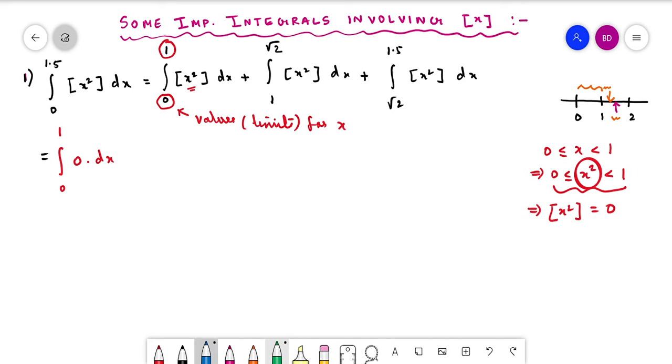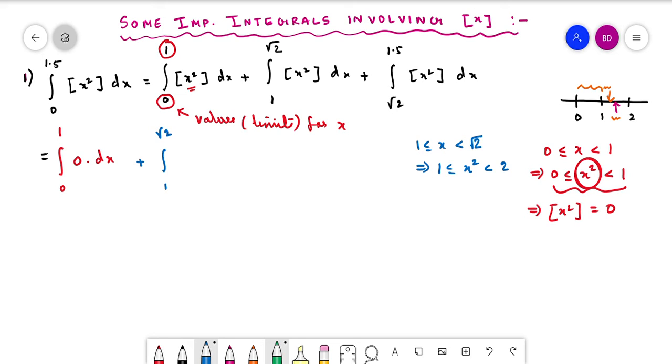Now let's see what happens to the second part. The second part is 1 to root 2. X lies between 1 and root 2. So 1 less or equal to x less than root 2. So x square will lie between 1 and 2.